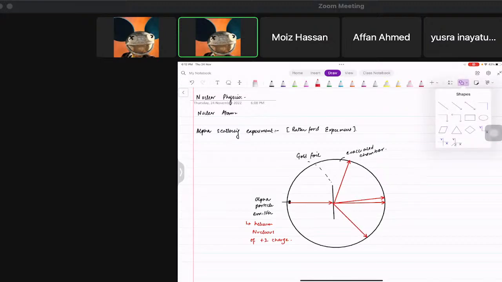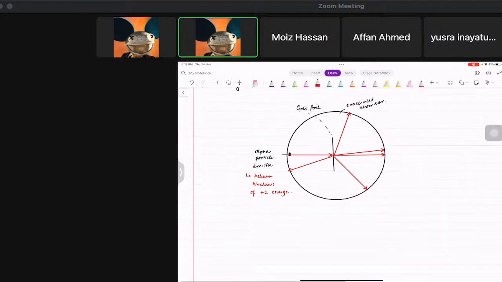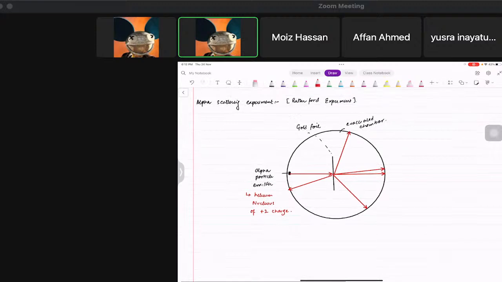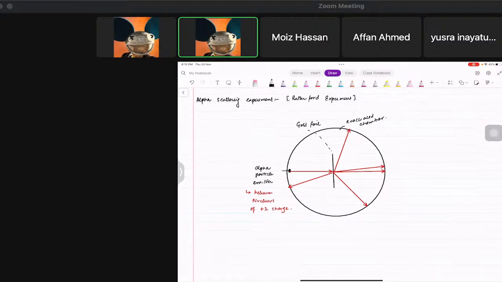And some of them, very few, deflected backwards. So basically, we're going to look at the deflection, the observation, and then the conclusion.